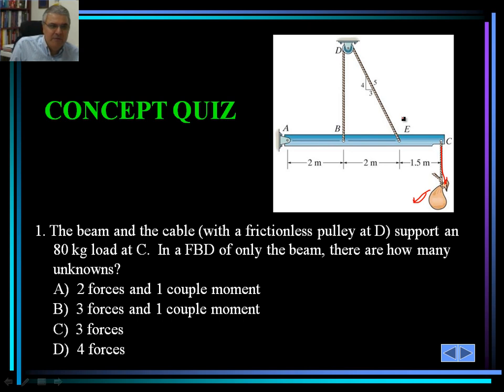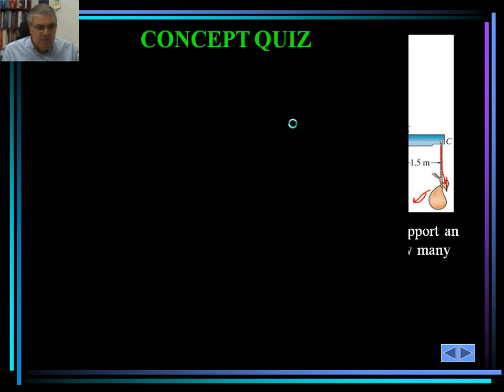I want you to think about this. We are just looking at the beam, so we're not considering B and E. So here, how many are we going to have? There'd be 3 forces reacting here. One is here, one is here, and we assume that there is a frictionless pulley, and we don't have much information about this condition actually. So for now, let's assume that there are 3 forces on this free body diagram of only the beam.